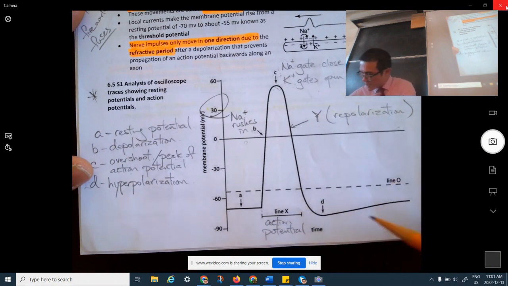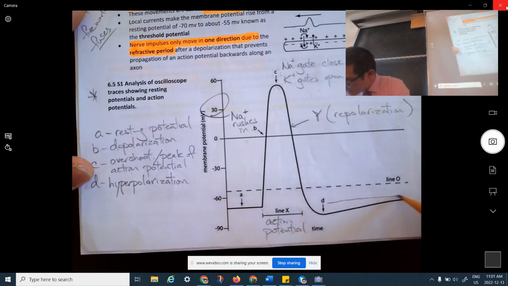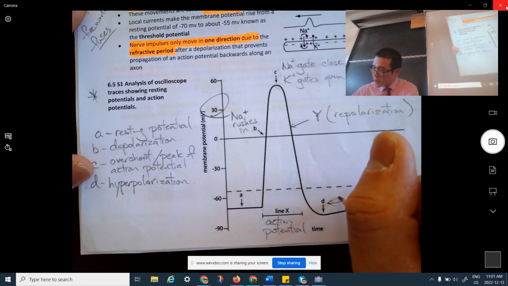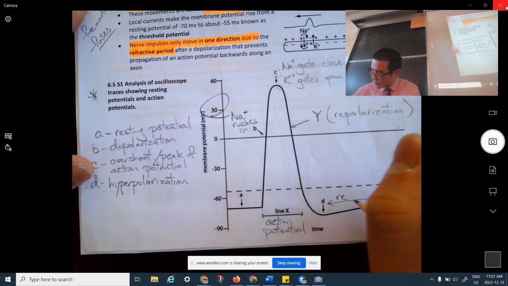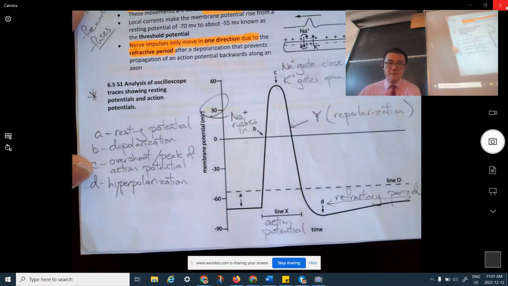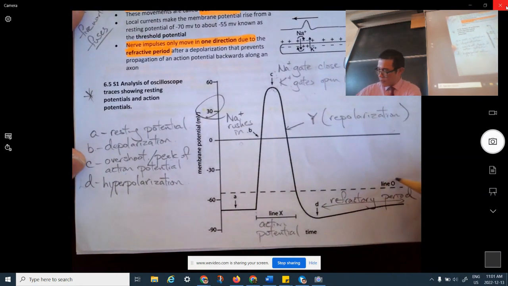And this period of time, between that until the time before it reaches resting potential again, this will be the refractory period. Okay. Now line O here, that's the threshold potential.